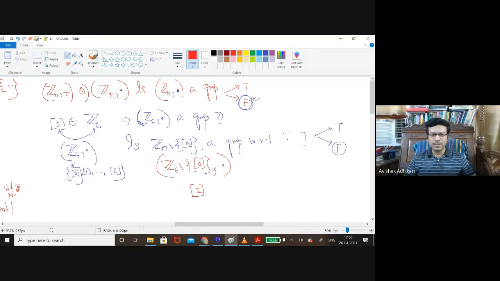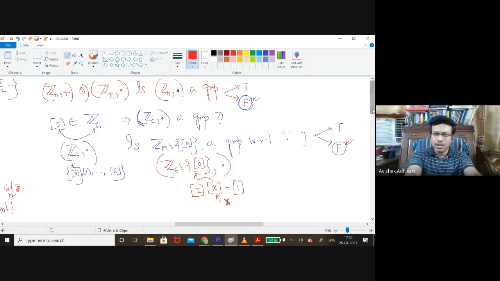You will not find any such x from this group whose multiplication with class 2 will be class 1. There will be no such x. As a result, you cannot find the multiplicative inverse of 2 in Z6 minus 0. So again, it will fail to be a group. That's why this is false.